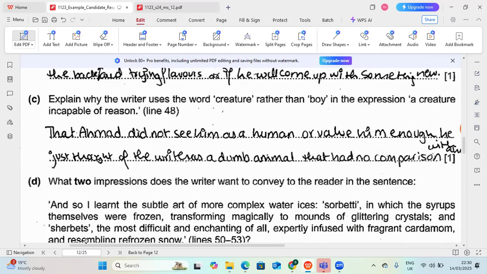For question C, they'll ask you to explain why the writer uses this word instead of the other word. Remember, we did an exercise a few days back when I gave you a few example sentences and asked why the writer has used the word teeming instead of full, as in butterflies were teeming in the garden.